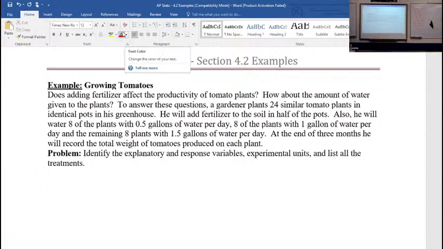Now we're describing the experiment and identifying different pieces of it. I'll give you a moment to read.